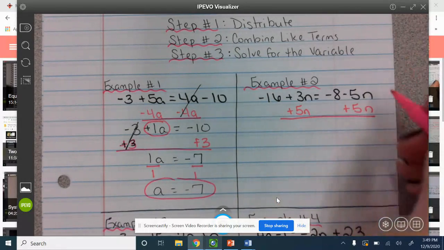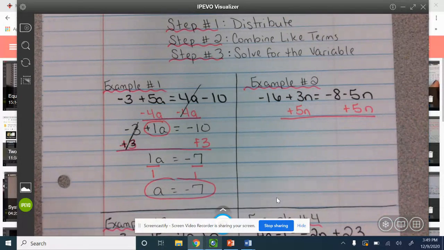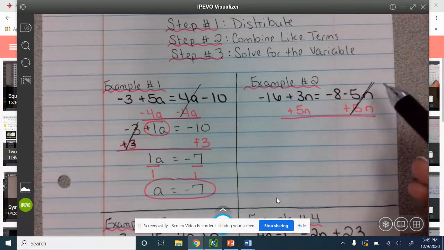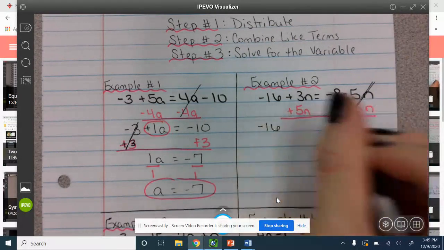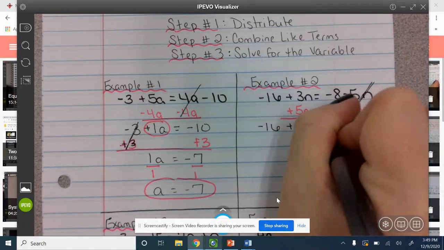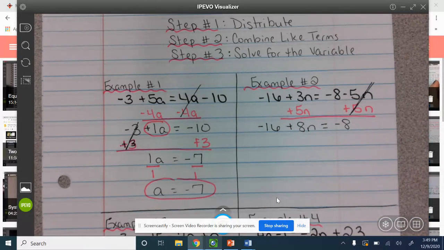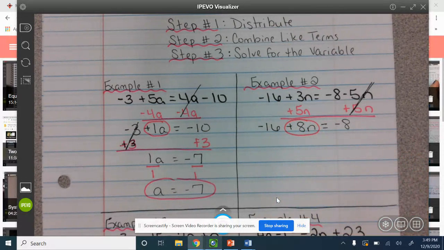Now, it is very important when you're doing these to keep things very neat and lined up, or you're going to get yourself messed up. So we can cross out those 5n's because they canceled out, and I'm left with -16. 3 plus 5 will give me 8n equals, and I can bring down my -8. I'm now at a two-step equation. So I circle my 8n. That's my couple.